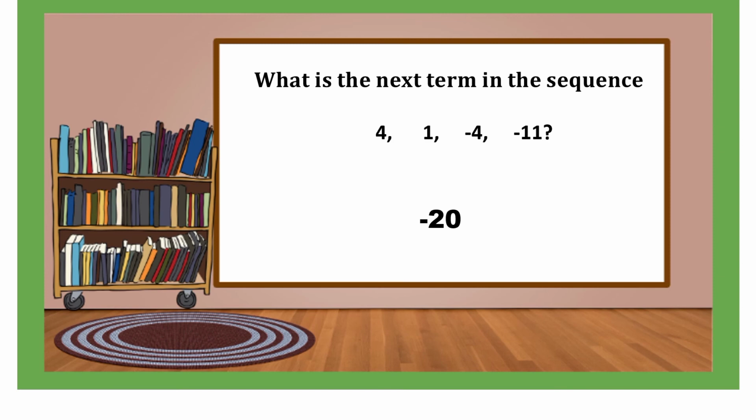So, ayun na nga guys, ang sagot po ay negative 20. Because the first difference is negative 3, and then negative 5, and then negative 7. So, we may observe the first to third differences are negative odd numbers starting from negative 3. In short, we may conclude that the fourth difference is negative 9.